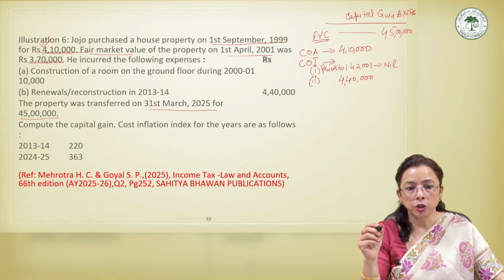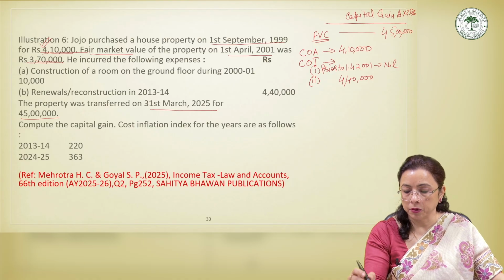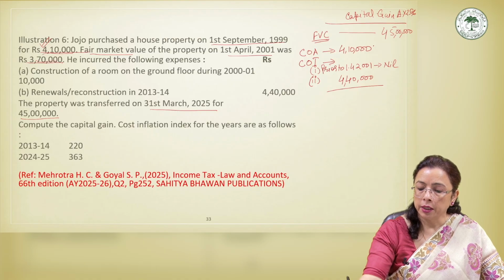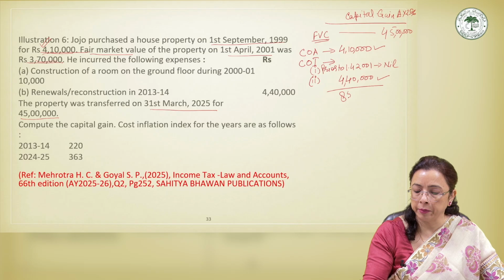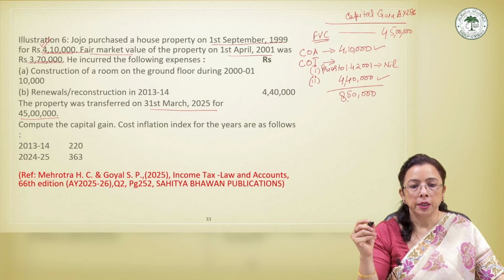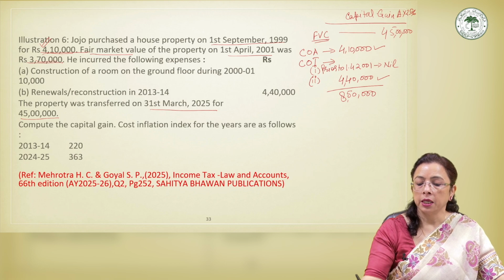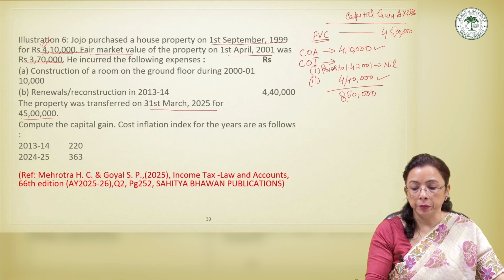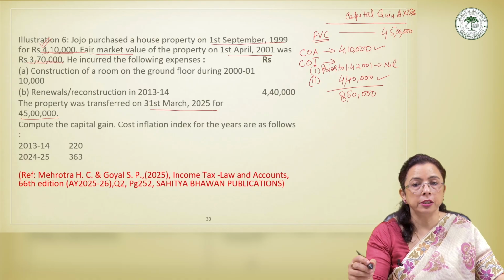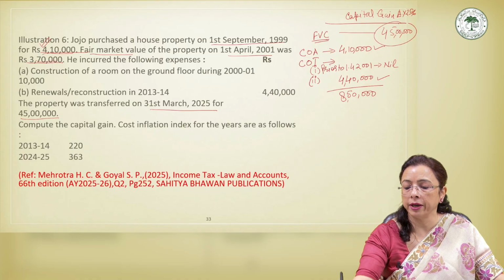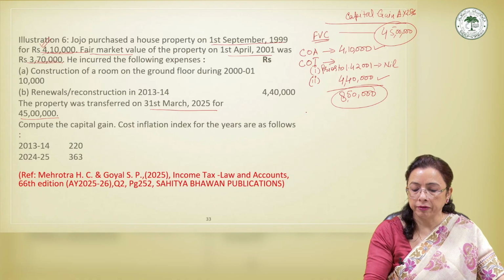So the total of cost of acquisition as well as cost of improvement is 4,10,000 and 4,40,000. Added together, it makes 8,50,000. Now, this is the total amount. What will be the capital gain? Capital gain will be the difference between the FVC and the total of this, that is 45 lakhs minus 8,50,000.